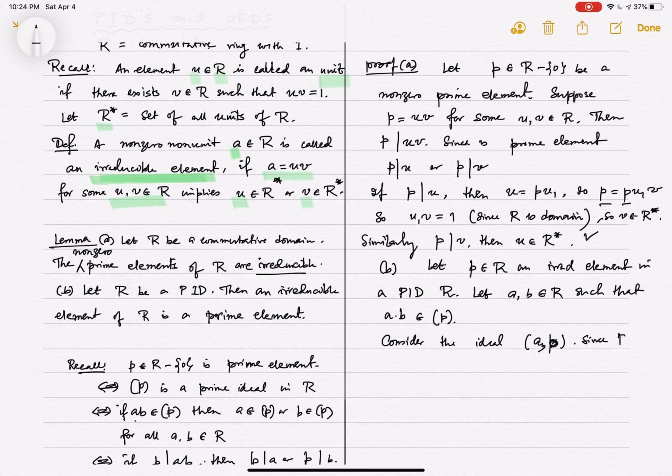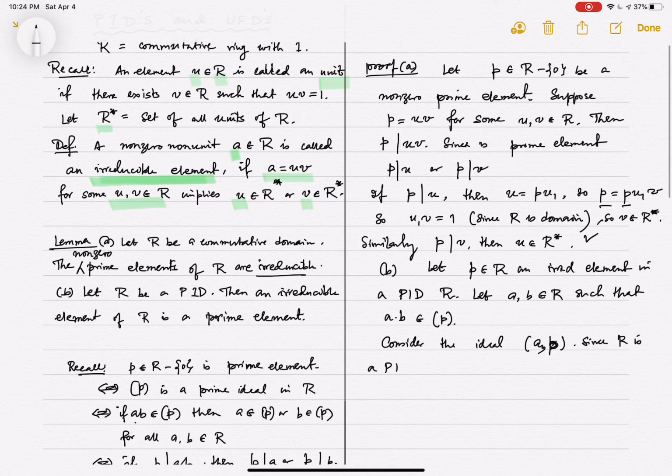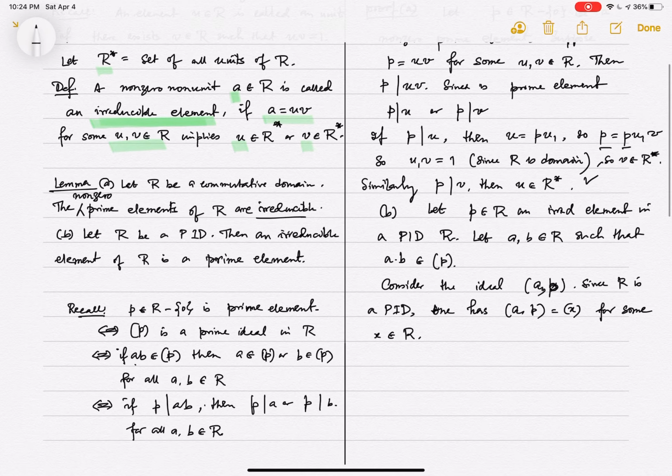Since R is a PID, one has (A, P) equals (X), the ideal generated by X for some X in R. It's a principal ideal.